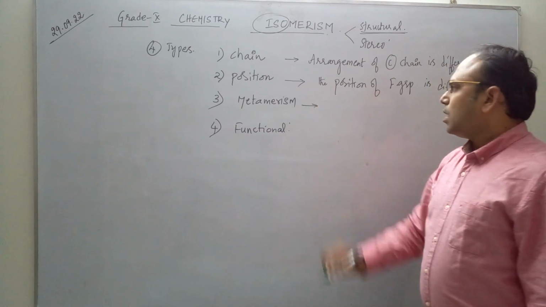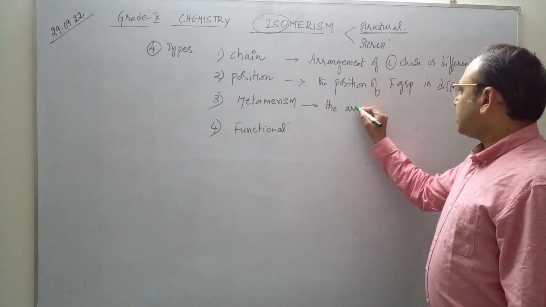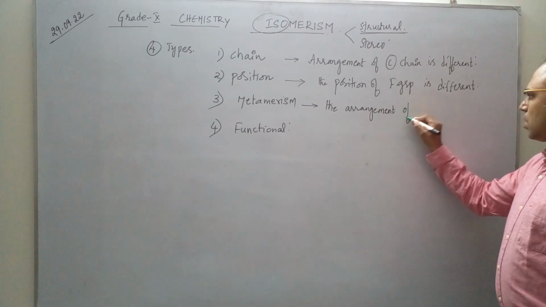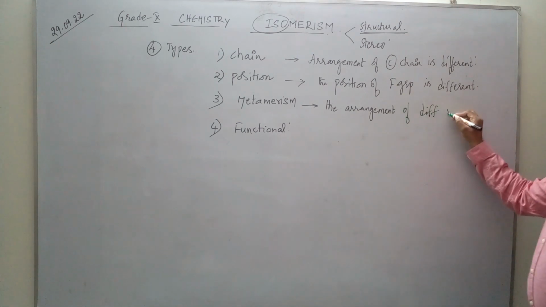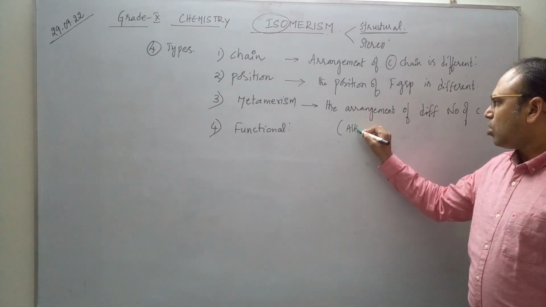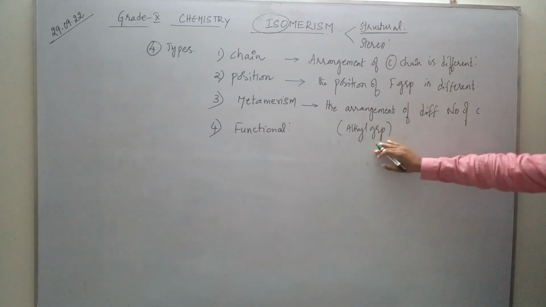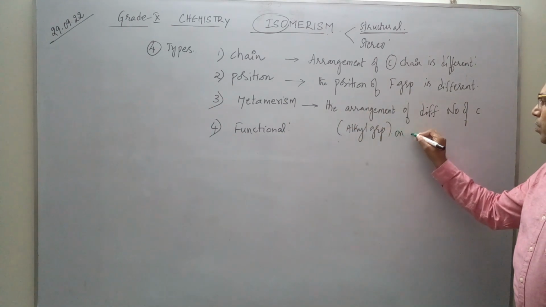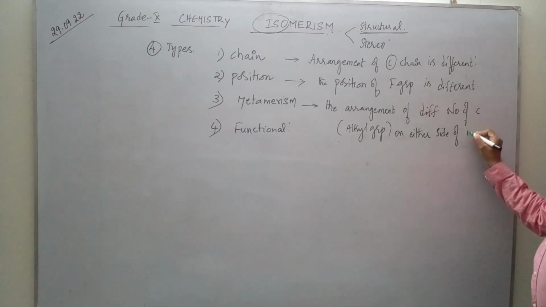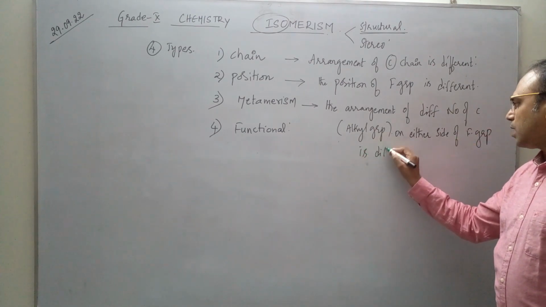Next, metamerism. The arrangement of different number of carbons, nothing but alkyl group, on either side of the functional group is different.